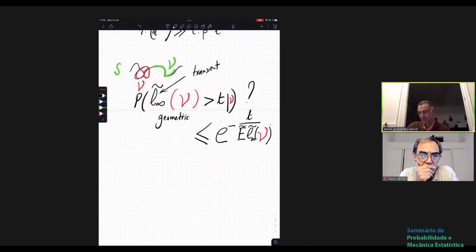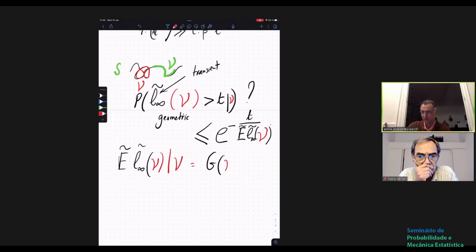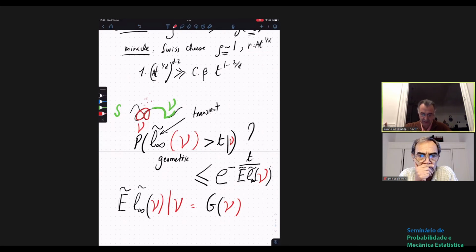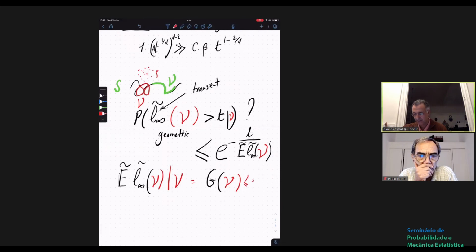And what is the expectation of the time spent in a region? This is the Green function of V; we fix V, and this is just the sum of all the sites of V. This is the expected time spent by a random walk in a region V. If V is a region of density, let's say the sites are at density rho, then it's easy to see that this is rho times the radius squared of a ball of equivalent volume, so V to the 2 over d.